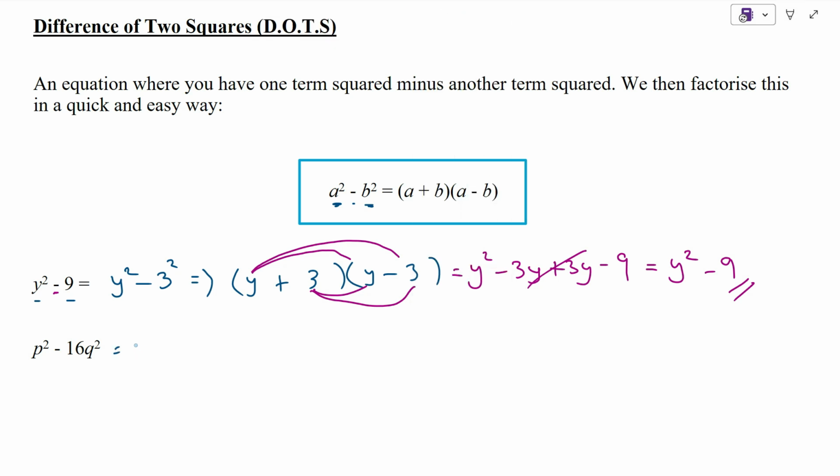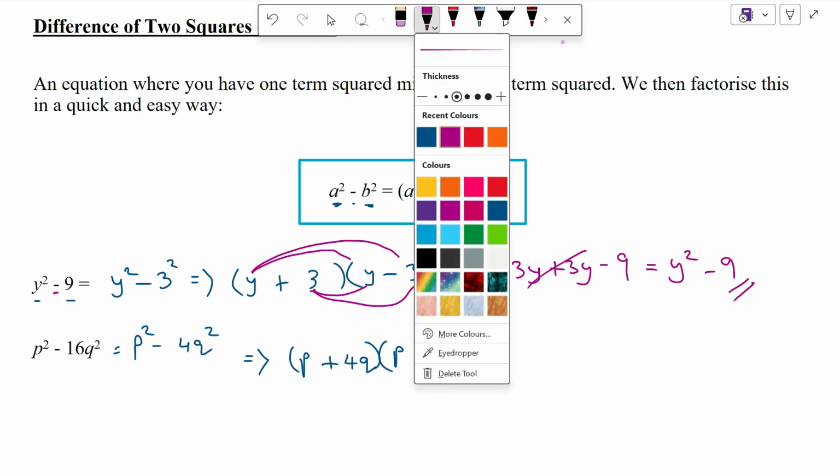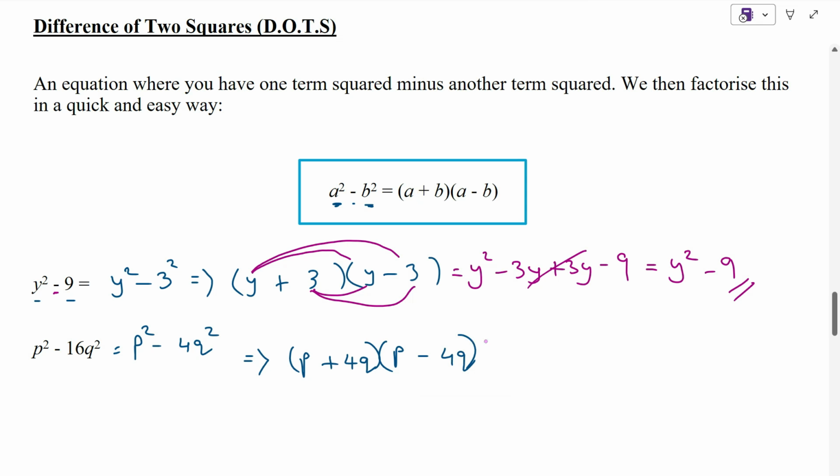So if we rewrite this, we've got p squared minus the square root of this, so 4q squared. Now we're ready to factorize. P plus minus 4q. Again, as a check, let's multiply out.